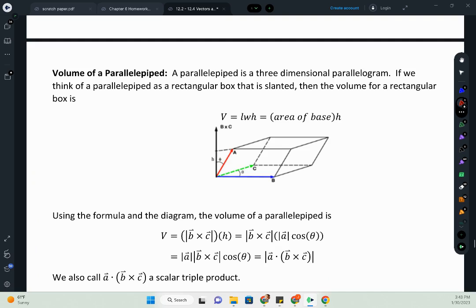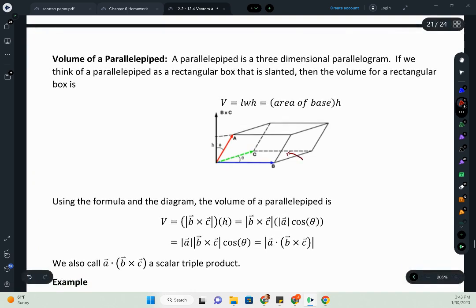And we may want to calculate the volume for this box. And we know that the volume for a regular rectangular box that hasn't been slanted would just be length times width times height. Or you could also think of it as the area of the base times the height, okay? Well, we know what the area of the base is, right? We just got done calculating the area of a parallelogram.